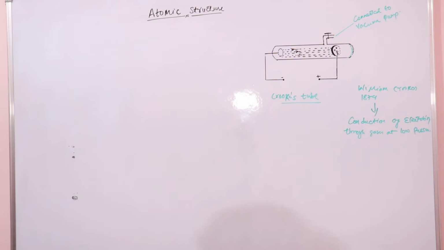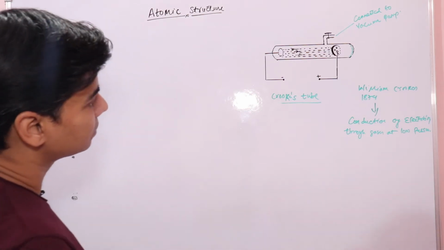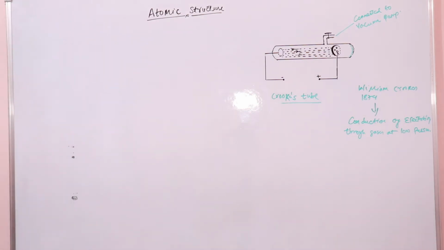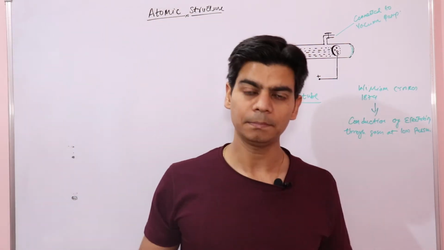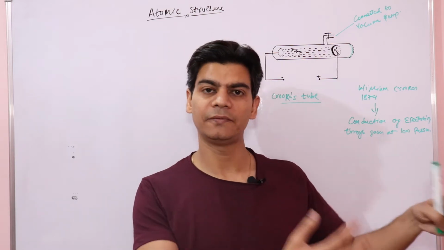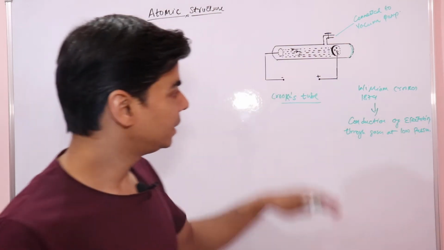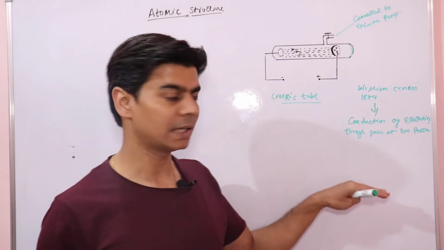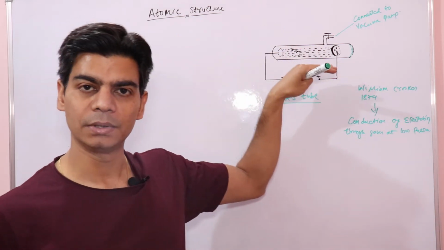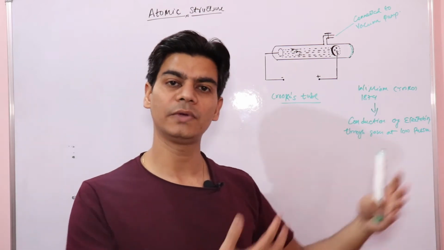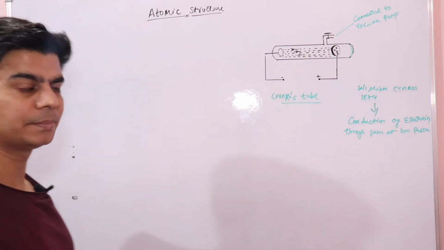Now what William Crookes did, the first thing he did was notice that no electricity flowed. Then he studied the conduction of electricity at different pressures, and he kept lowering the pressure of the gas inside the tube and observed the flow of electricity with the decreasing pressure.